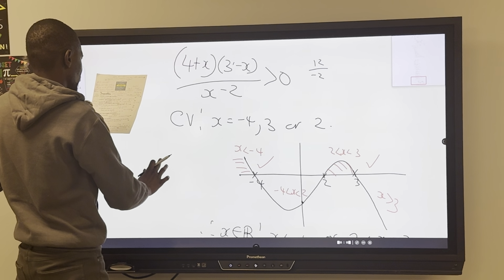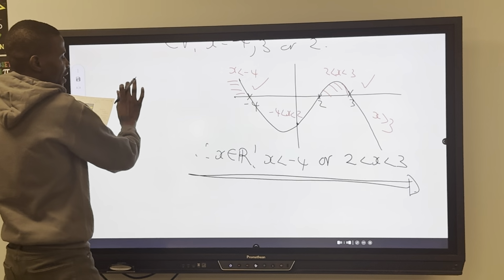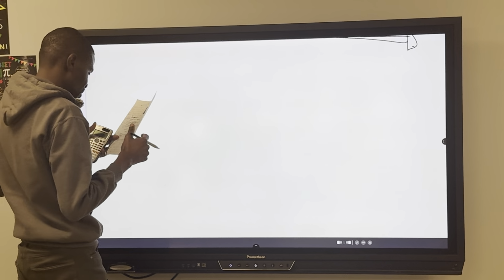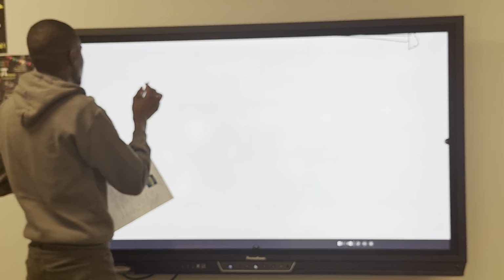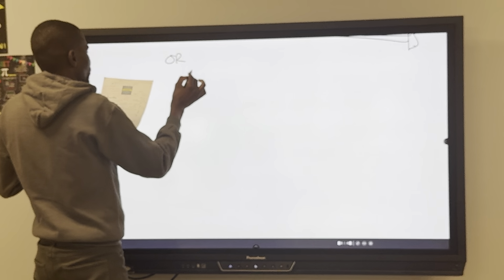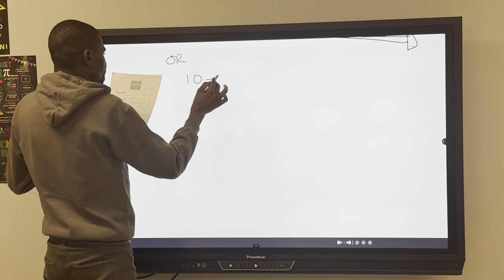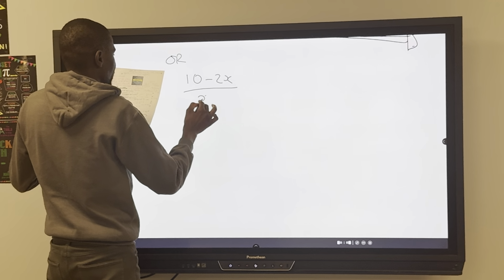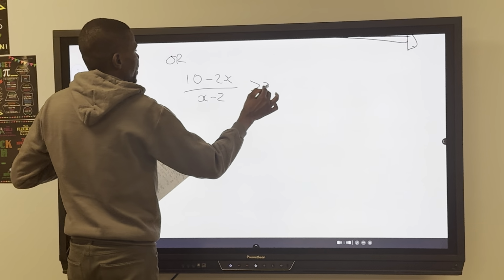Then x minus 3. Negative x plus 3. Okay, that's good. All right, so another method which we can use for this problem is we have 10 minus 2x over x minus 2 is greater than x plus 1.